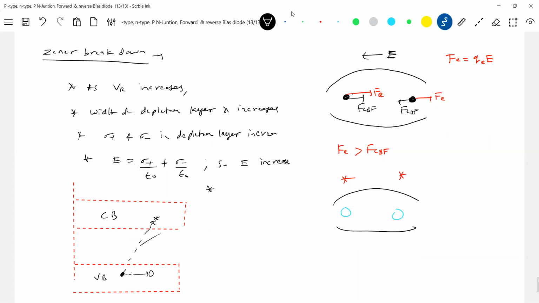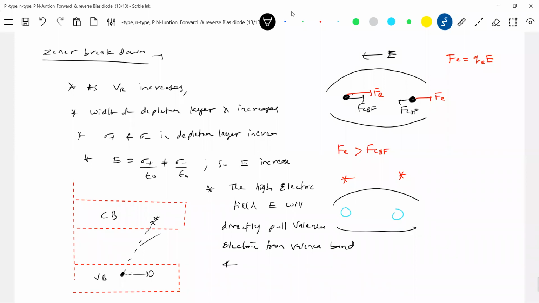So E increases, this high electric field will directly pull valence electrons from the valence band and place them in the conduction band.